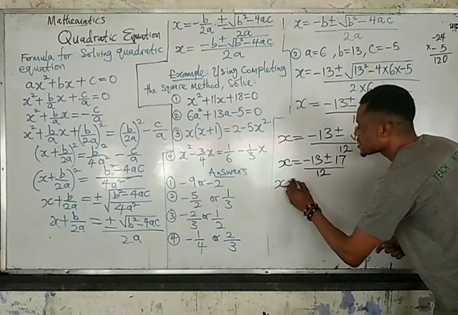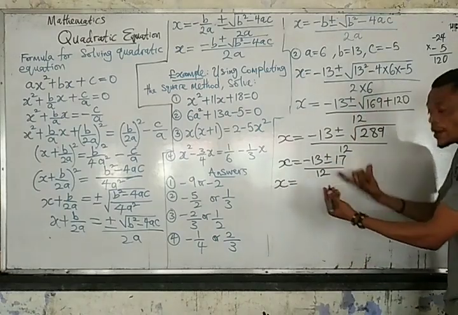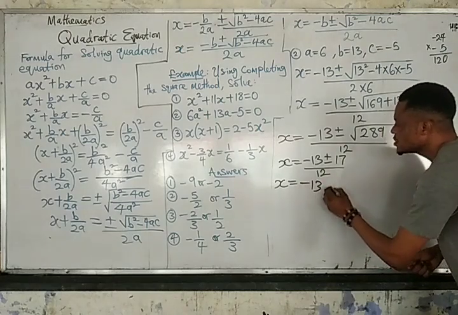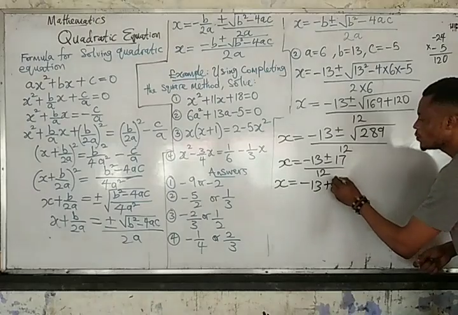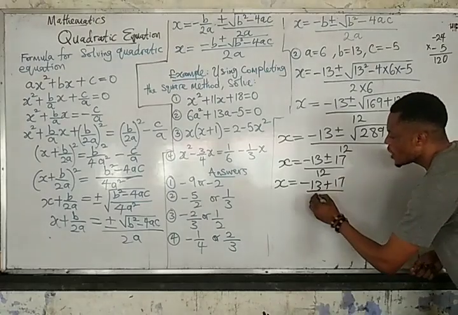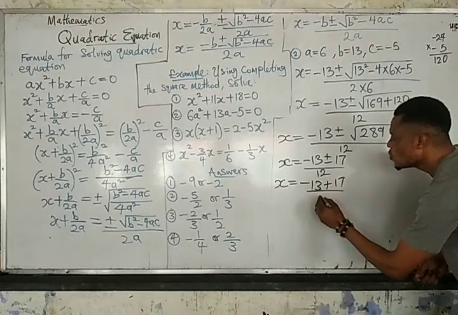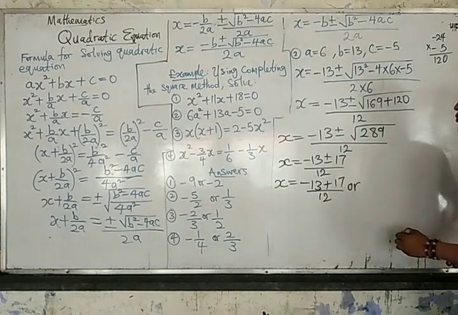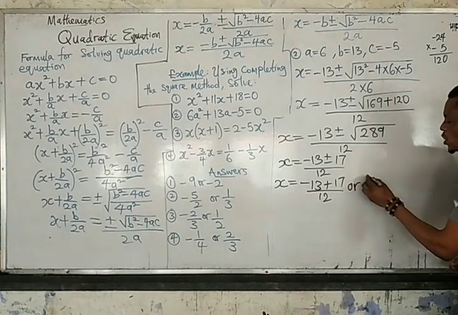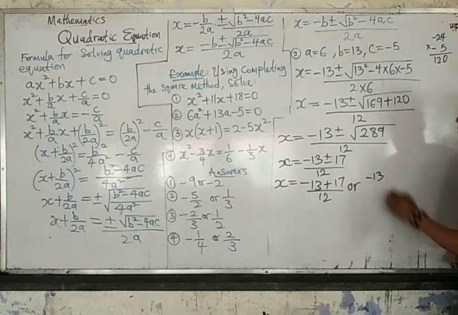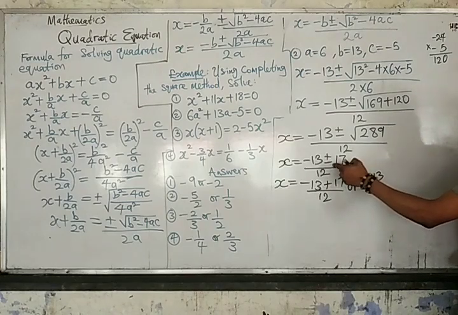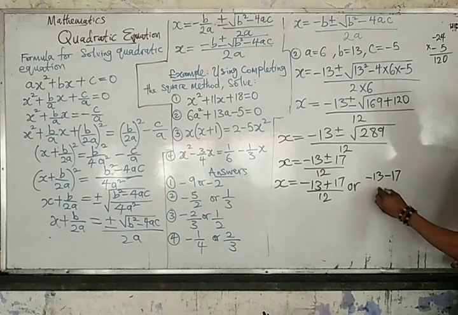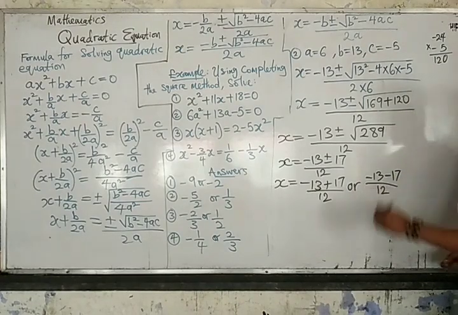So our x, we can decide to break it. Let's start with the addition. Minus 13 plus 17, all over 12. Or the x is equal to minus 13, this time around picking the second option, which is the minus, minus 17, all over 12.